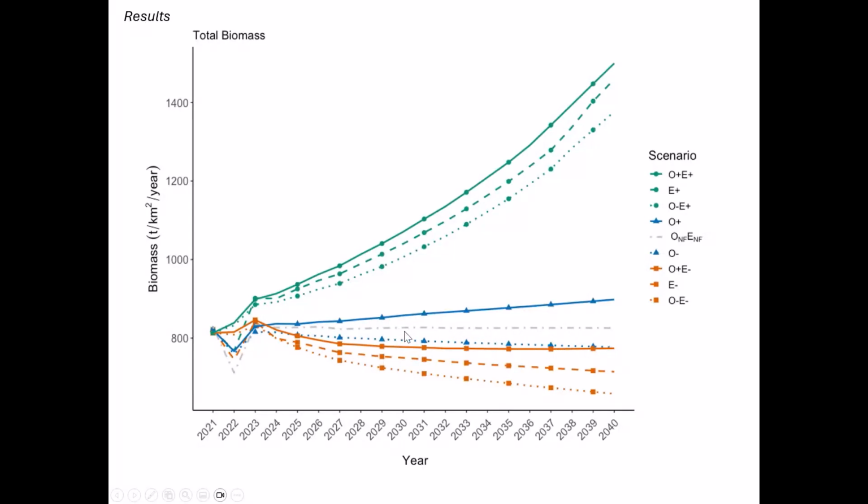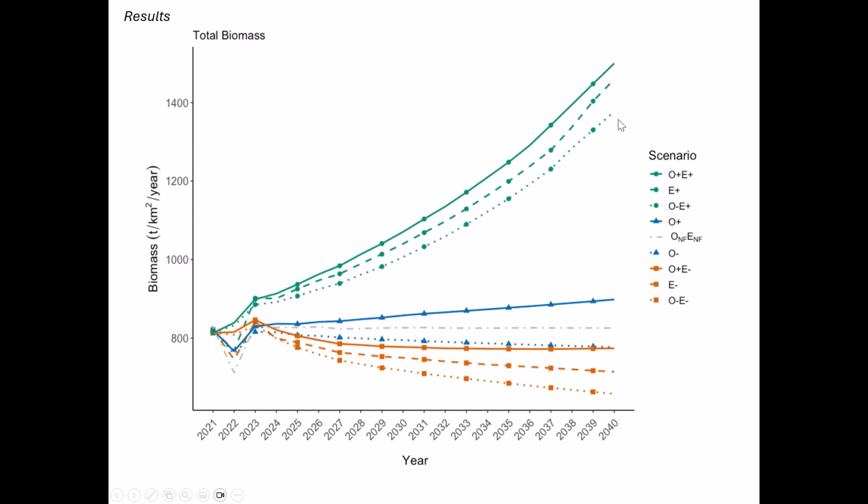And then what is reflected in these scenarios is only the restored oysters. So that's the restored oysters in the context of all the other oysters in the system. It shouldn't be too surprising that we're not having a huge effect, but it is important that there is an effect here. There's more biomass in runs that include more restored oysters, and there's less biomass in the entire system without that restoration taking place.